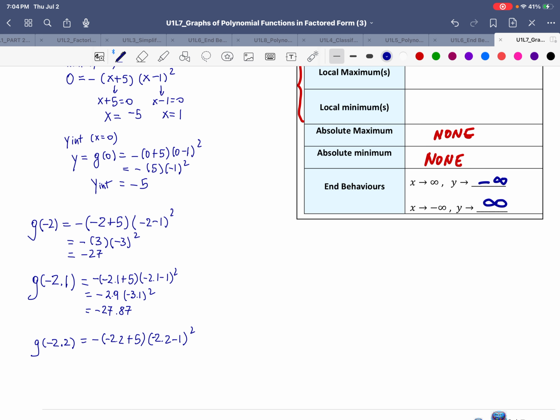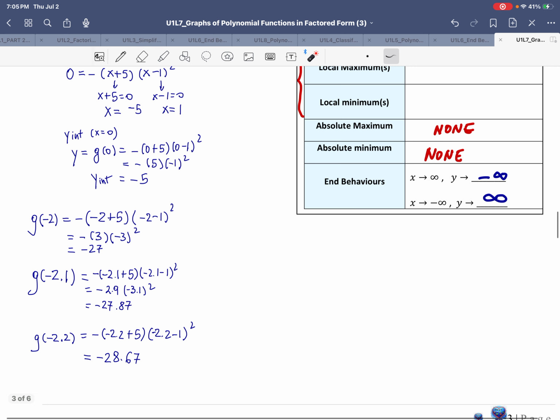negative 28.67. So negative 28.67, that's quite a number. So it's almost 1 unit far from this. So it seems that the y values are changing by a lot. So what I'm going to do is try negative 2.4.